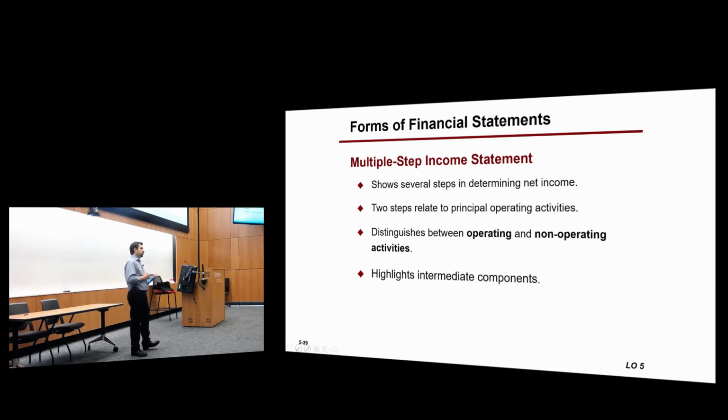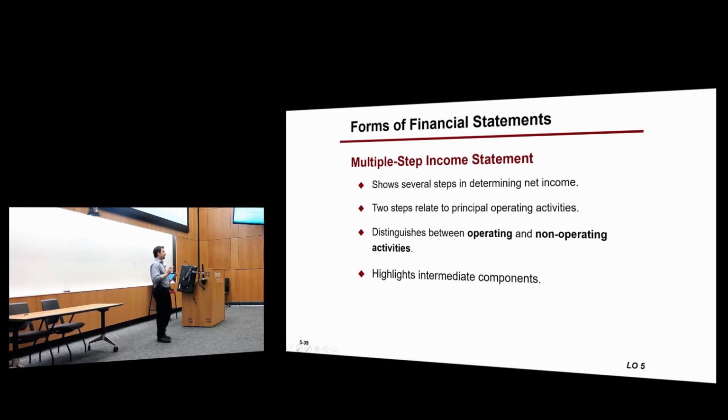That will give us gross profit. And then they will also list operating activities, so they will calculate net income from operating activities. After that, you have non-operating activities. And why do companies like to separate operating activities from non-operating activities? Why do you think that?